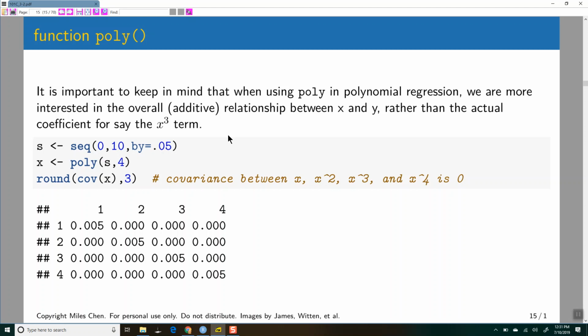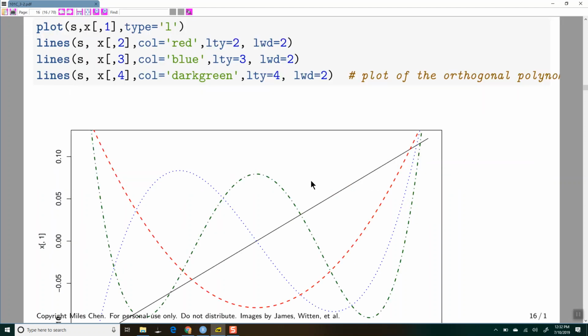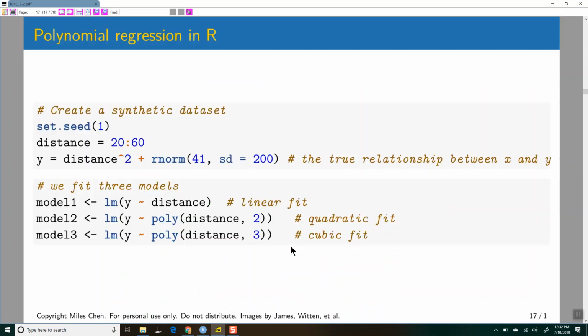So if you do the traditional way of taking x and raising it to the fourth power, and it turns out that that's not significant, then using poly, where it creates this fourth order polynomial here, that will also come out to be an insignificant degree, okay?